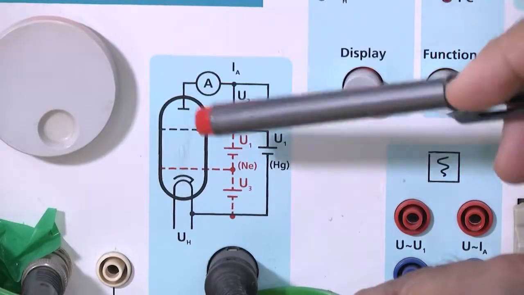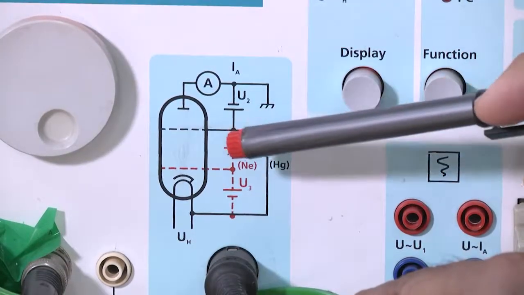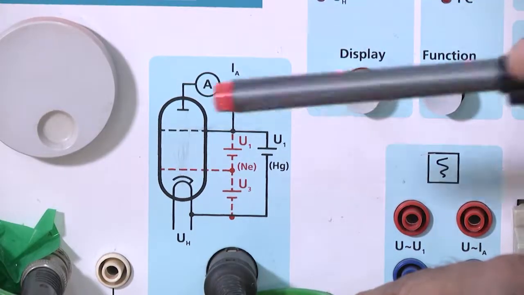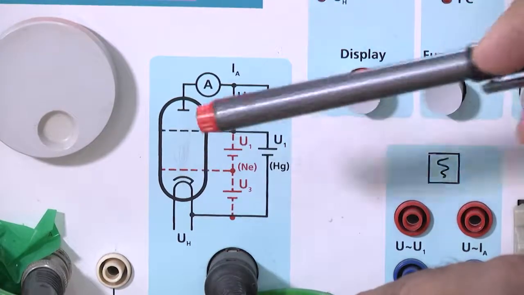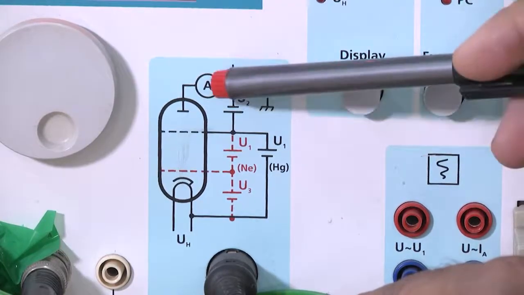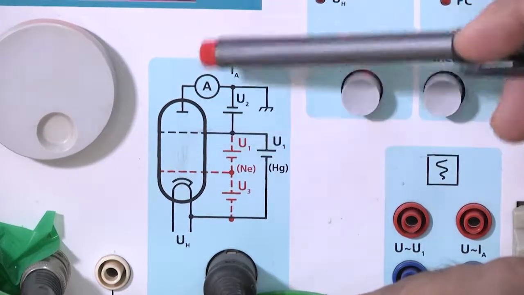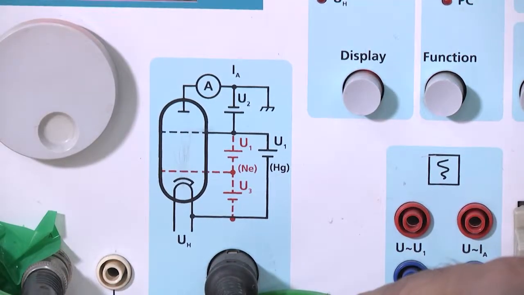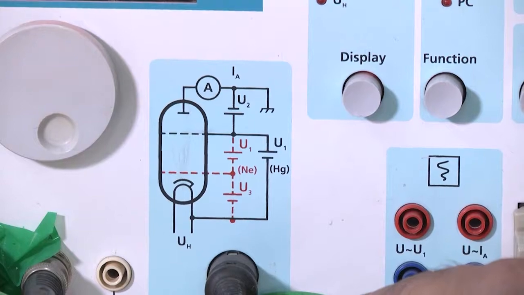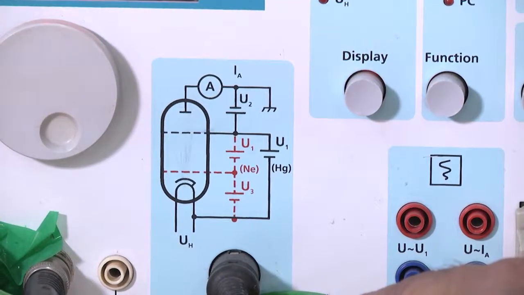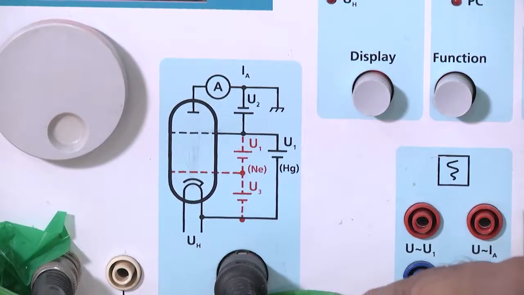So it is basically the retarding voltage for the electron, and U1 is the accelerating voltage for the electron. Why the retarding voltage between the grid and anode is given, I explained: a small energy electron will not be able to reach the anode, so we will not get current.